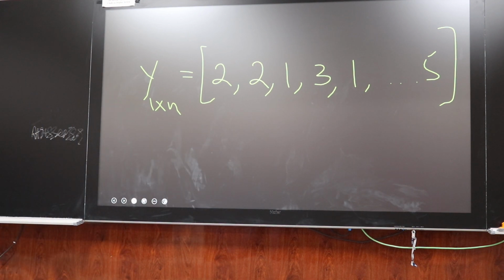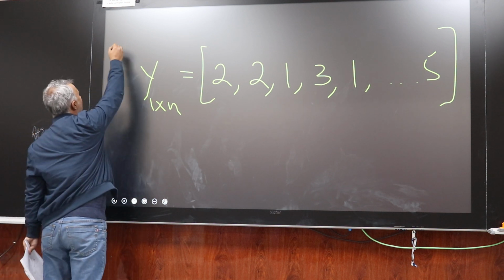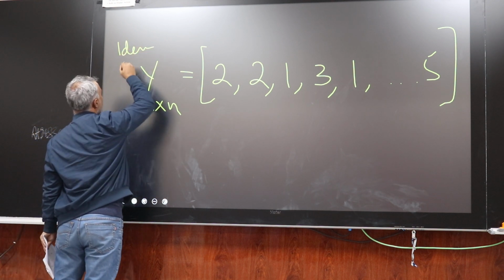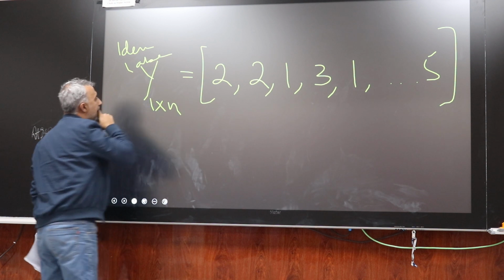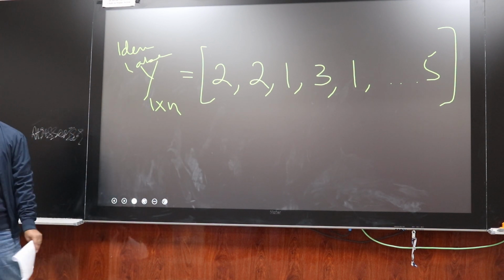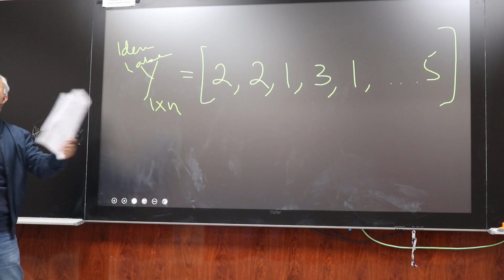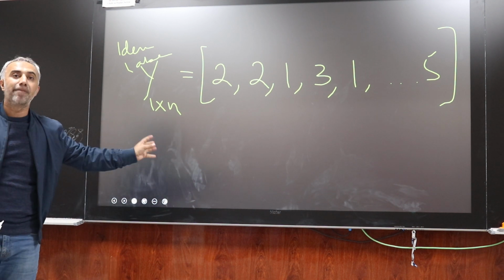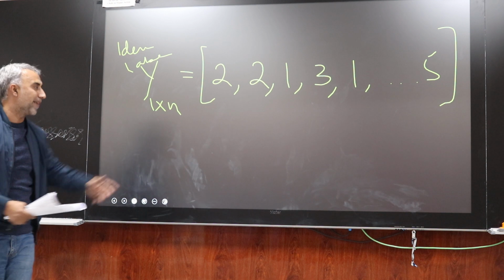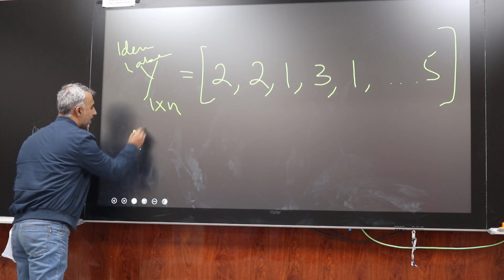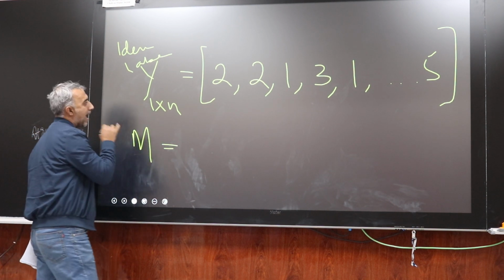Random. Yes, sir. This vector represents the identification label array. Now you need to make a matrix: you associate this label vector with the feature vector, so you will make a matrix M.